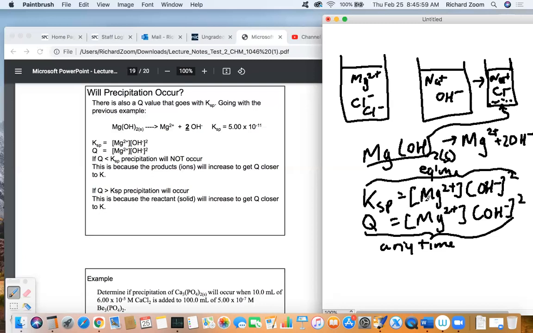So if we're looking at this as being the reaction here, and that's the Q expression, you can look upon it this way, but you don't have to. I'm just giving you an example of a way you can look at it: OH- squared over Mg(OH)2 solid.